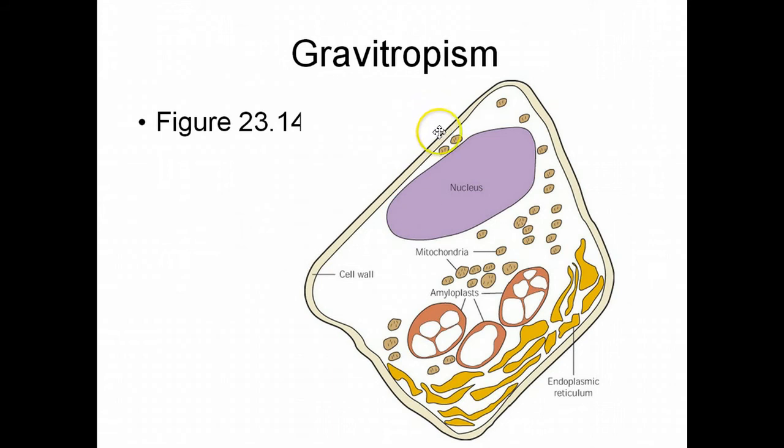Just to reinforce the point: in the root tip, if you see a micrograph, you can see these amyloplasts. If you remember from week 1 or whenever, amyloplasts are plastids that store starch.